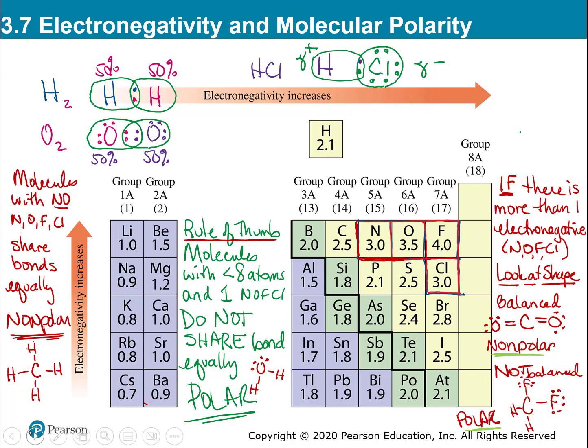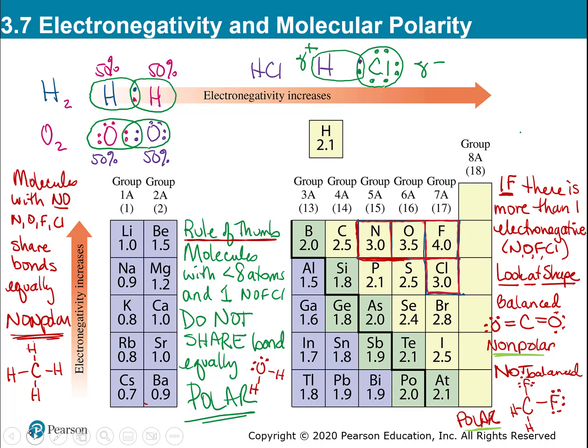But then look at HCl up above. If I have that purple hydrogen and the green chlorine, chlorine pulls its electrons close to it. The hydrogen then only ends up with its electron about 20% of the time. 80% of the time, the shared pair are around the chlorine.